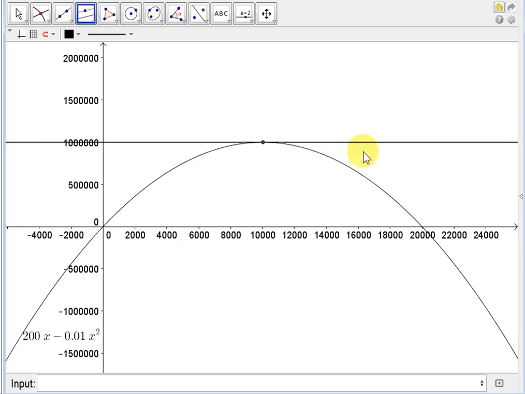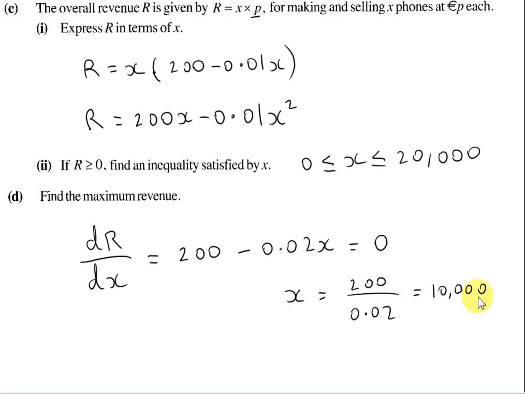So we have the tangent at the maximum point. If we want to do this using calculus, we have to get the derivative. The derivative of this function will give us the slope of the tangent. Set the derivative equal to 0 and solve, and you'll get x equals 10,000. So that's another way you can find the x value of the maximum point, and then we just plug 10,000 in here.